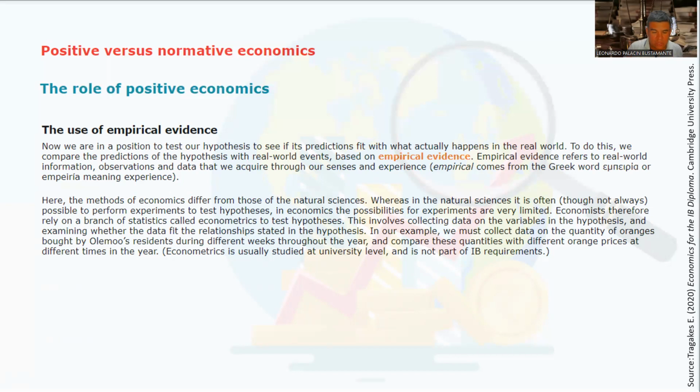Now, econometrics involves collecting data on the variables of the hypothesis and examining whether the data fit the relationships stated in the hypothesis. In our example, we must collect data on the quantity of oranges bought by these residents during different weeks throughout the year. And we need to compare these quantities with the different orange prices at different times in the year.